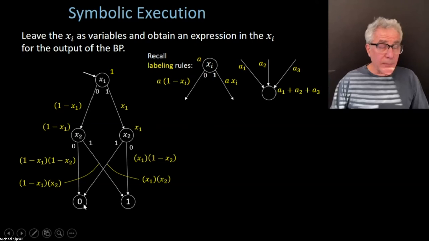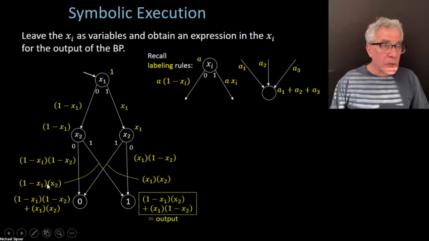Now we're going to add this up for the 0 node. So we have this value, 1 minus x1 times 1 minus x2, plus x1 times x2. And on this node here, we're going to add these two values up. So 1 minus x1 times x2 plus x1 times 1 minus x2.